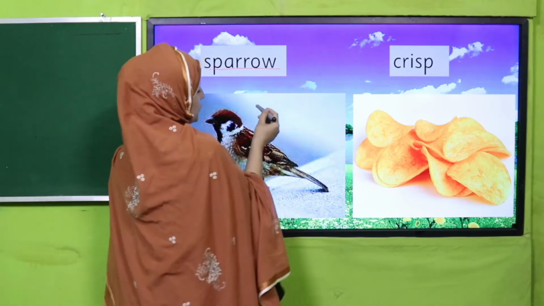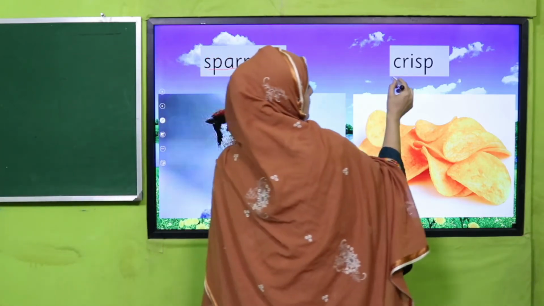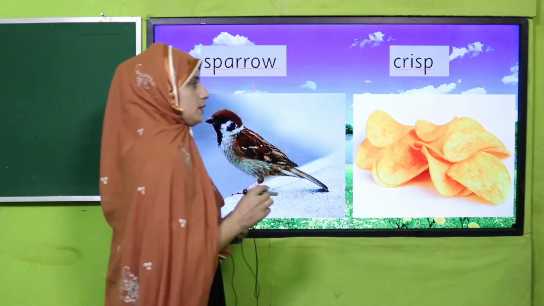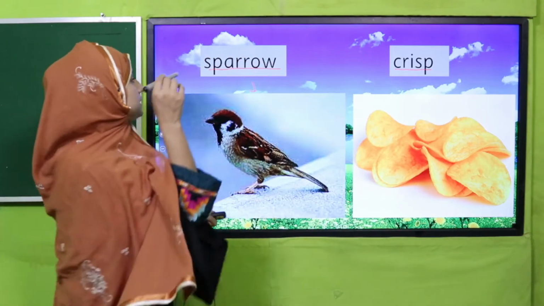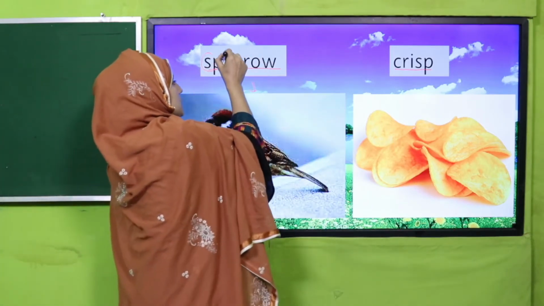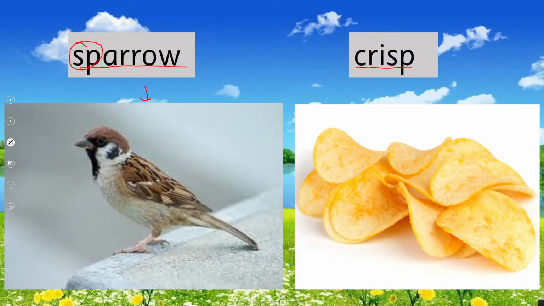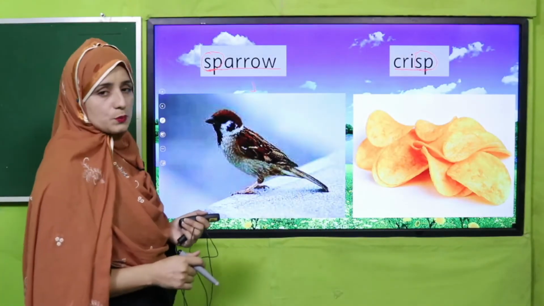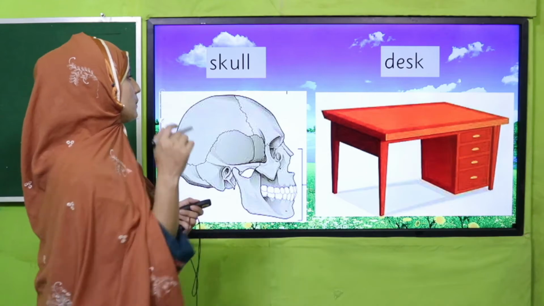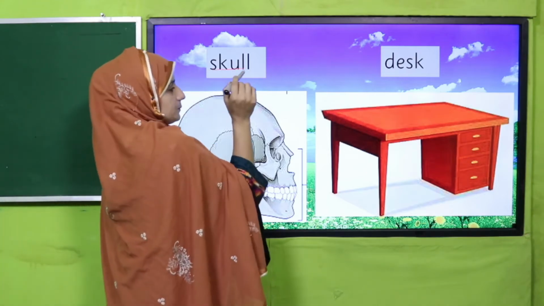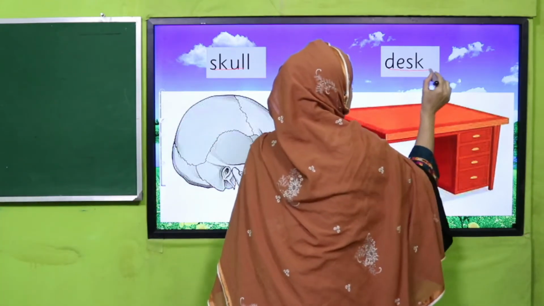Sparrow. This is a sparrow, you can see that. And crisp. Yes, can you judge the difference here? That SP is a consonant cluster and this is at the start, and that is initial position. And the same consonant cluster, SP, is there at the end, and that's why we call it a final consonant cluster. The next example, skull and desk.